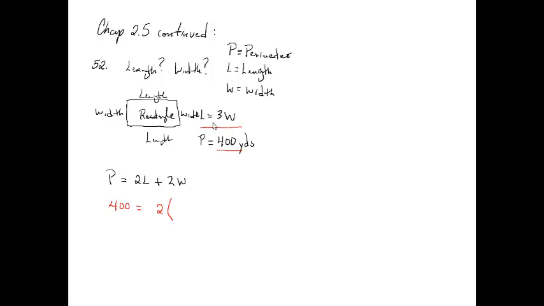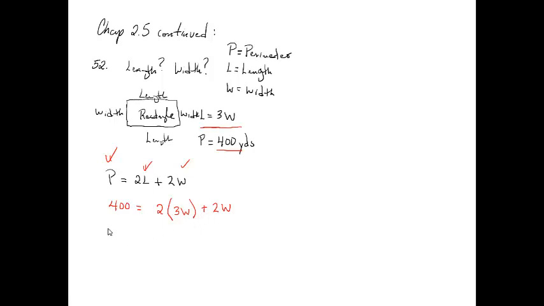The length is equal to 3W. As they said it, a rectangular field is 3 times as long as it is wide. So instead of writing an L, we're going to write 3W plus 2W. So now I took this equation that had 3 unknowns and turned it into an equation with only 1 unknown, and I can solve for W.